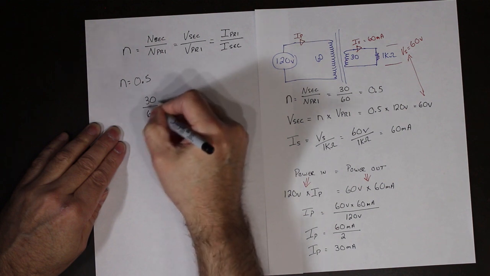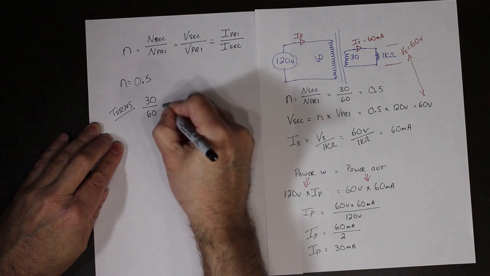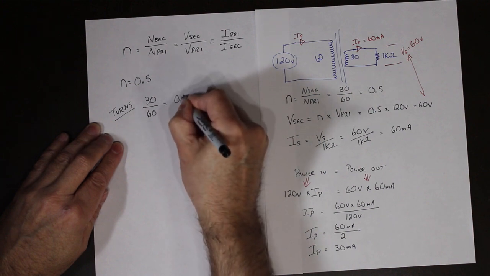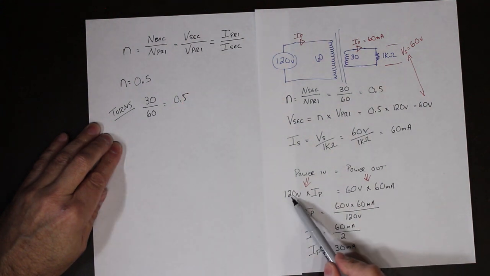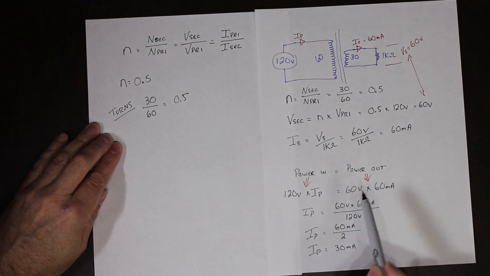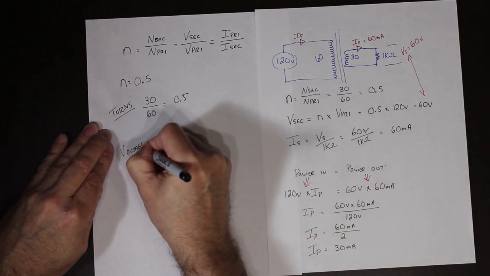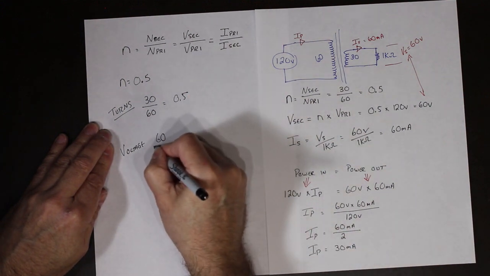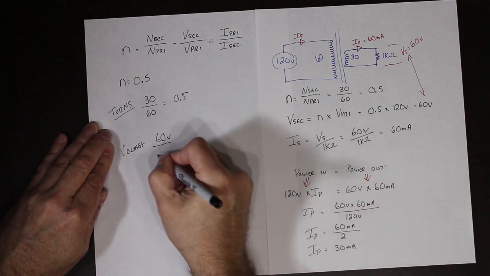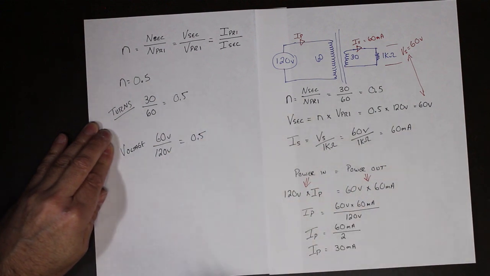So this is the turns: 30 over 60, 0.5. Voltage: we've got 120 and we've got 60. So 60 volts on the secondary and 120 volts on the primary equals 0.5.